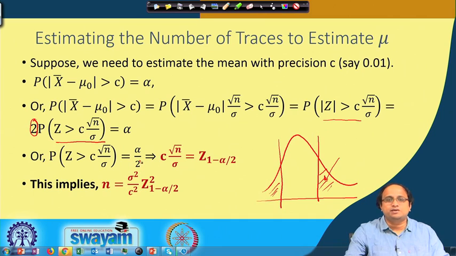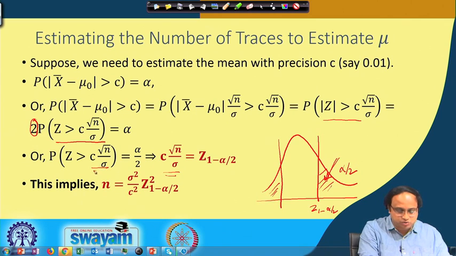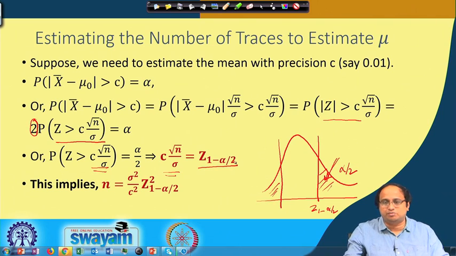And that implies that this is nothing but z 1 minus alpha by 2. Remember that if this is z 1 minus alpha by 2, then the probability that it is greater than this was shown to be alpha by 2. So, therefore, we can write that this parameter, C square root of n by sigma, is equated to z 1 minus alpha by 2.